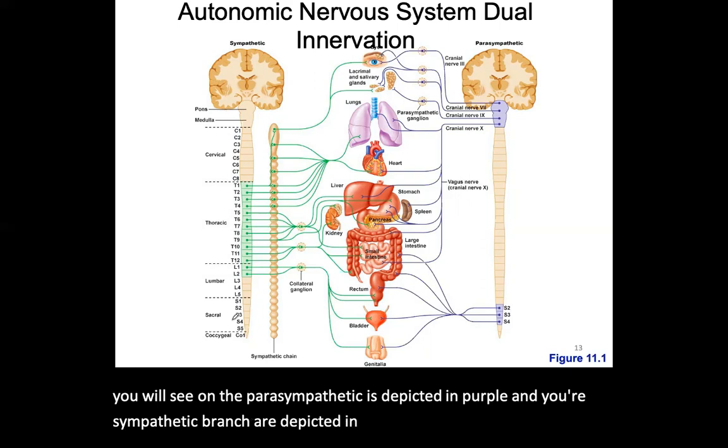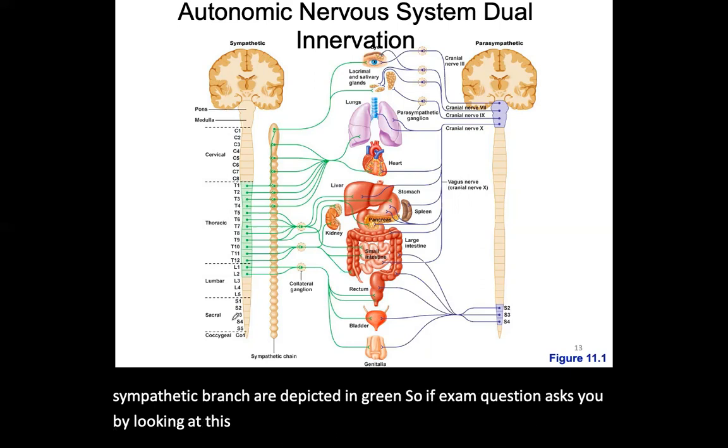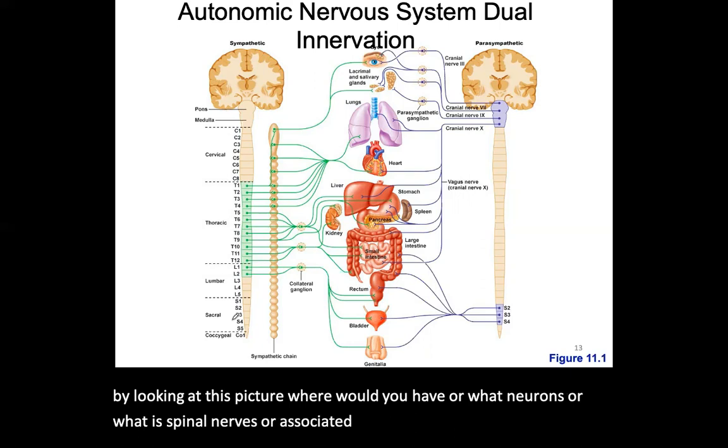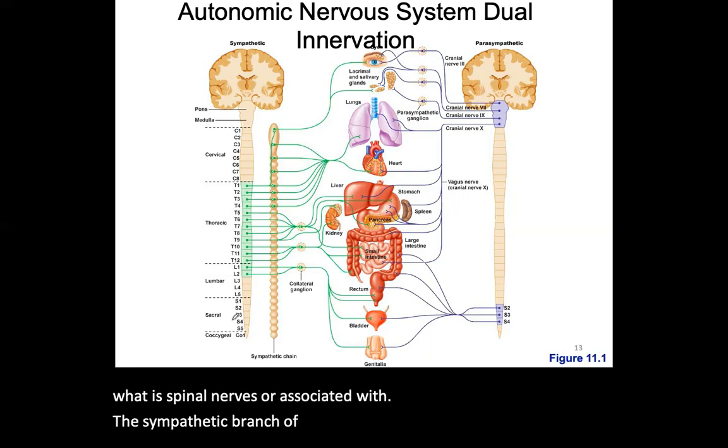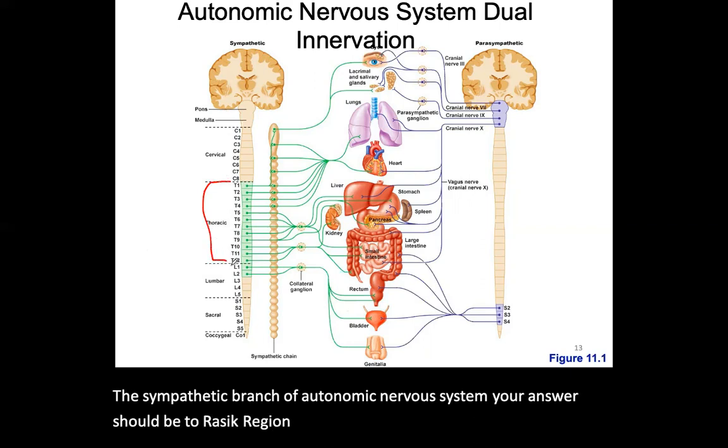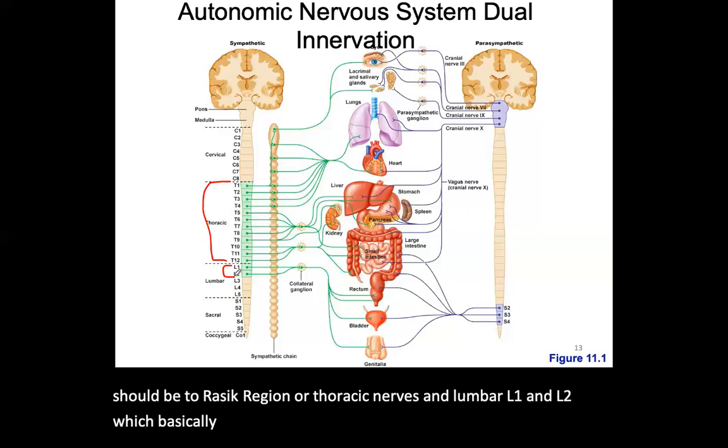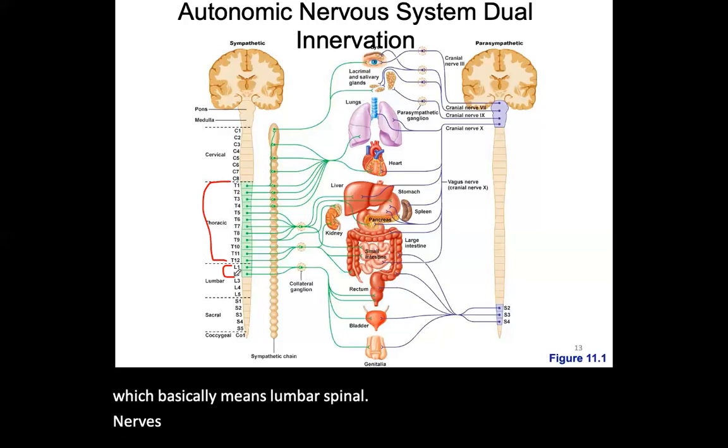So if an exam question asks, by looking at this picture, what spinal nerves are associated with the sympathetic branch of the autonomic nervous system, your answer should be thoracic nerves and lumbar L1 and L2, which basically means lumbar spinal nerves located at L1 and L2.